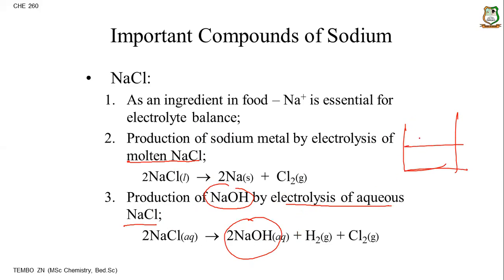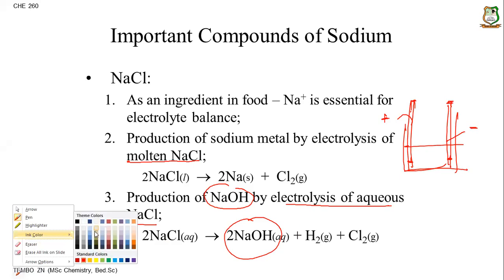chloride, what is going to happen is that here you have, for example, your positive electrode, and here you have your negative electrode. Let me try to pick another color. Okay, maybe this color.